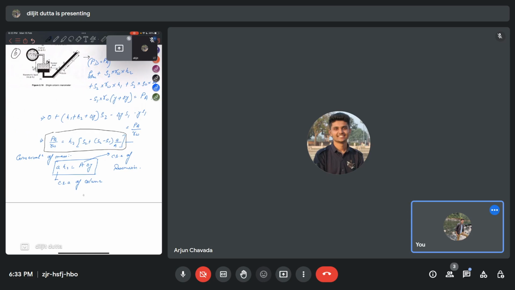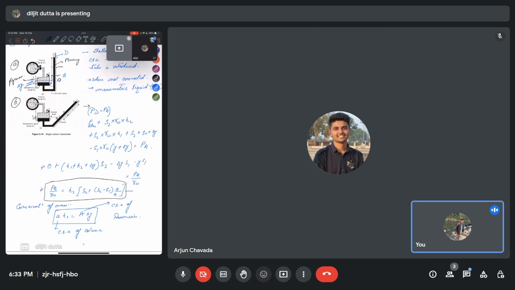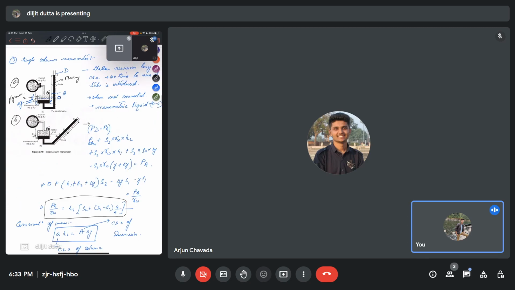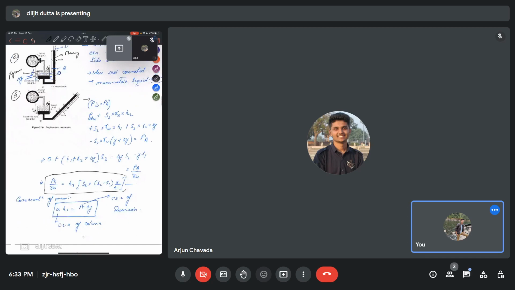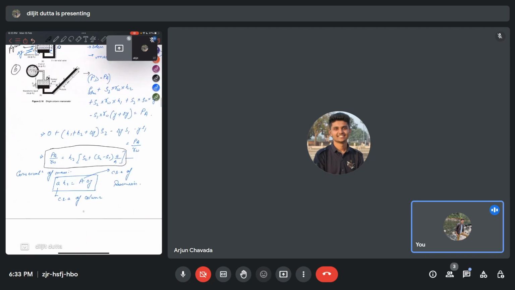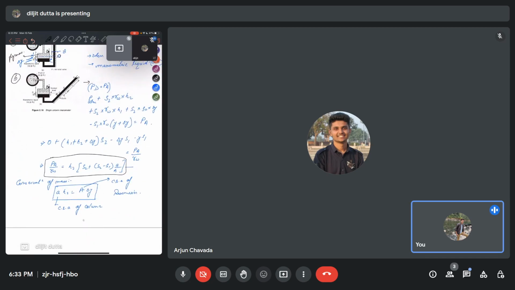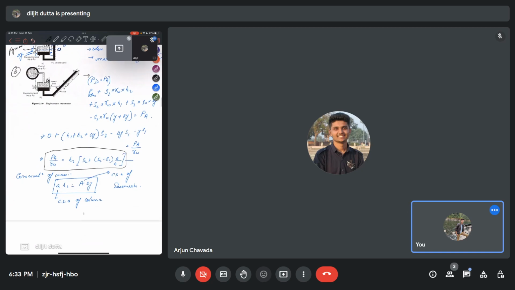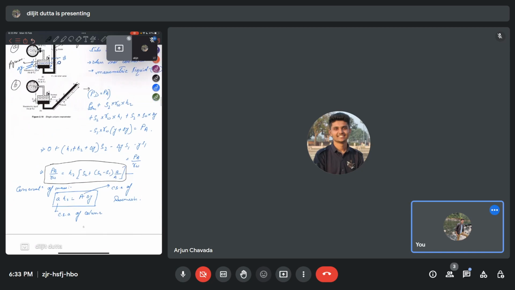Now we can construct a very sensitive single column manometer by taking the manometric channel, that is the tube, to be inclined. If we incline the manometer tube, we can measure even very small changes in pressure. It is very sensitive. So what is the equation? Everything will be the same as before. Only thing is that in case of H1, you will have H1 sin theta.